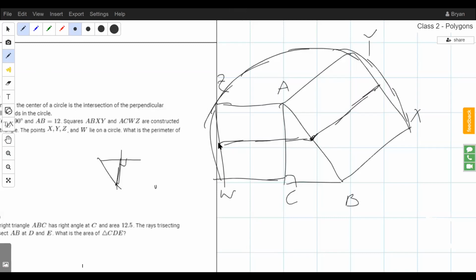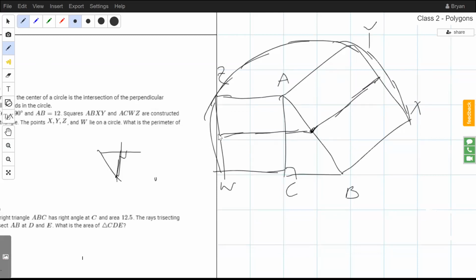And we know that this perpendicular bisector is going to be parallel to WB because this is 90 degrees and this is 90 degrees and everything's 90 degrees and it's parallel. Okay, it's a rectangle. So this line, as mentioned before, will pass through the midpoint of AC. But the line parallel to BC will pass through the midpoint of AB.